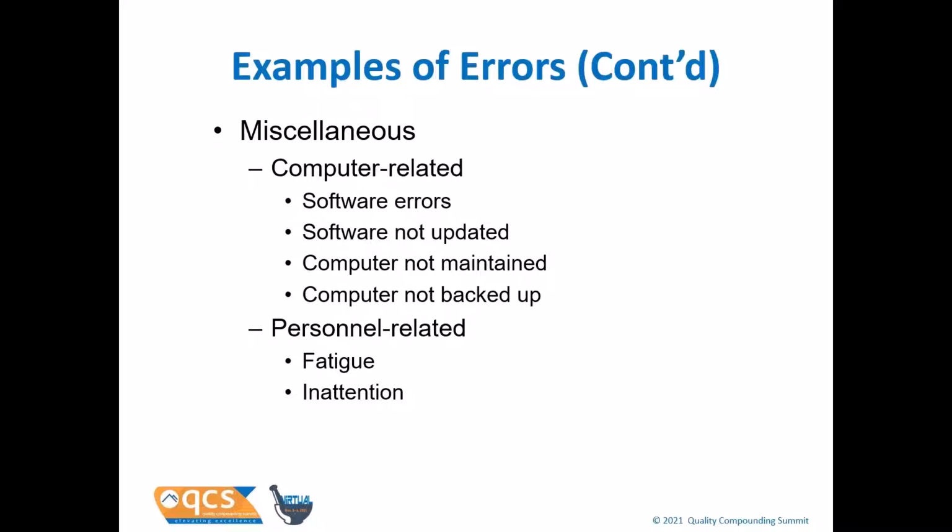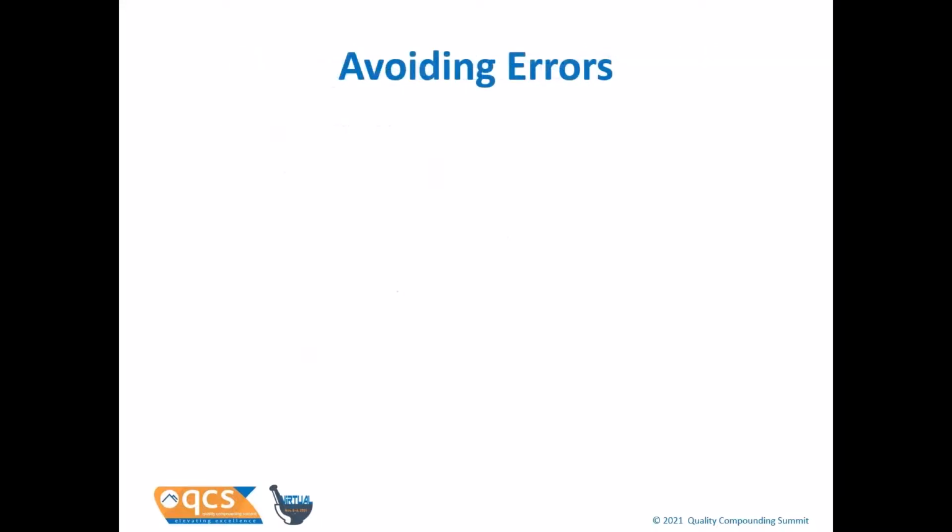It's a good idea to find out exactly what the upgrades involve so that when you're compounding using your new software, you can look for any potential problem and try to prevent it by being aware of it before it actually occurs. And computers not maintained is another issue.